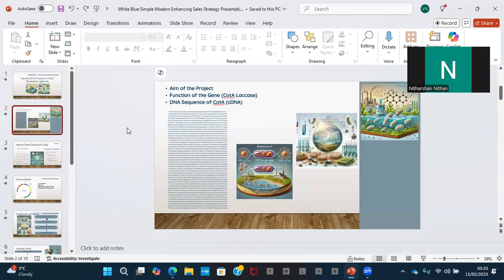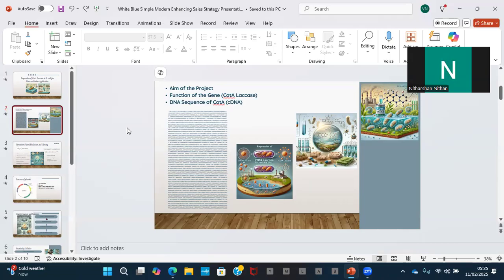The aim of the project is to express the CotA laccase enzyme from Bacillus subtilis in Escherichia coli to produce an efficient biocatalyst for bioremediation applications. Laccases are multi-copper oxidases that catalyze the oxidation of various organic and inorganic pollutants, including phenolic compounds, synthetic dyes, and pharmaceuticals, by optimizing E. coli as a heterologous host.